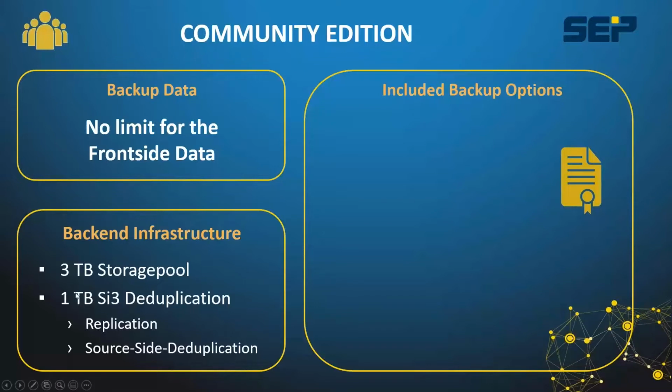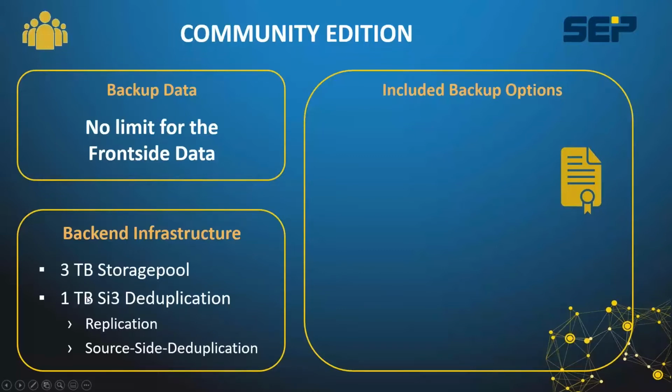So if you have an efficient dedup ratio of maybe 20:1, you could back up 20 terabyte of front-side data into 1 terabyte deduplicated data. It depends always on your data and the deduplication ratio. So these are the limits.